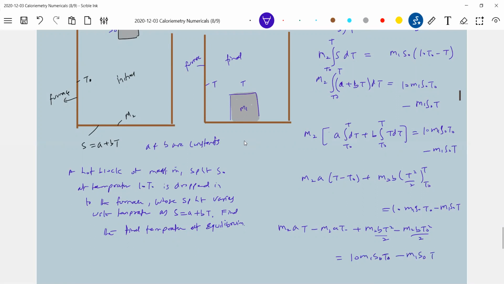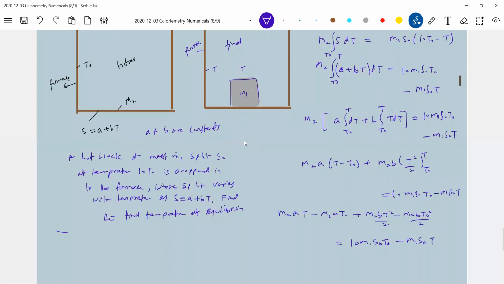What we have to do now is, T is the unknown, no? So a quadratic equation will come. For that, we have to solve it. So let me simplify further. M2B T square by 2, plus M1 S naught plus M2A, this is M2A T. Remaining what all will come?